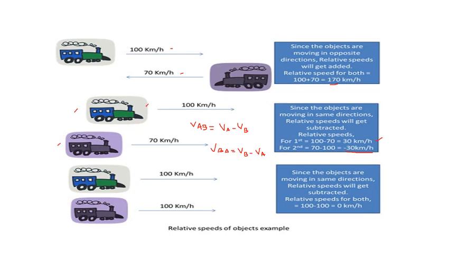Is that clear? Then look at the third example. Both the objects are moving with the same velocity, 100 km per hour. Object B is also traveling at 100 km per hour. Then what is the relative velocity? Both are in the same direction, so you have to subtract. Same direction means subtract. Opposite direction means add. Right? Then 100 minus 100, 0 km per hour.